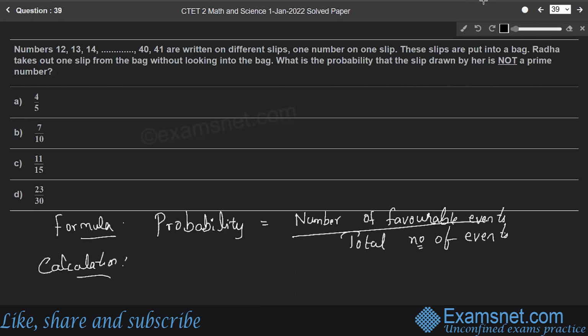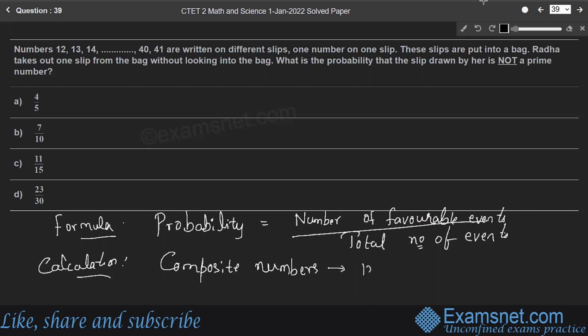So if a number is not a prime, then it has to be a composite number, right? So let us write the composite numbers from 12 to 41, right?